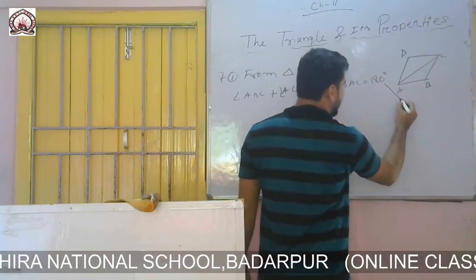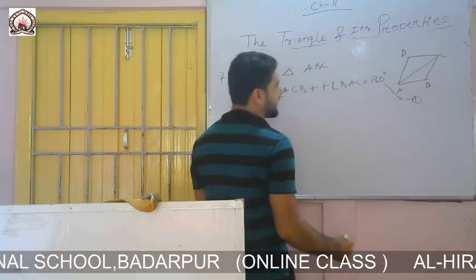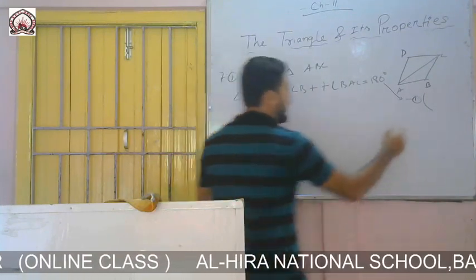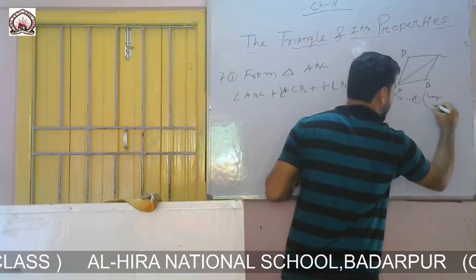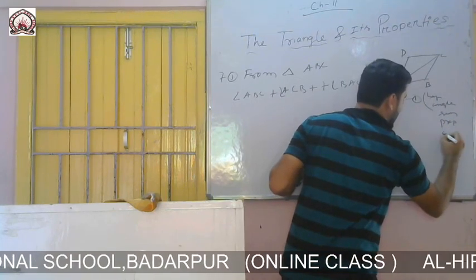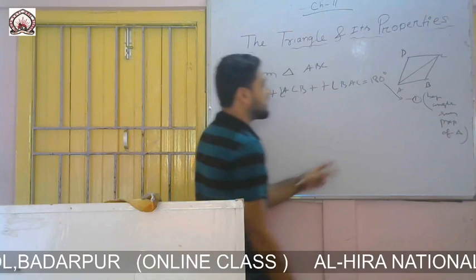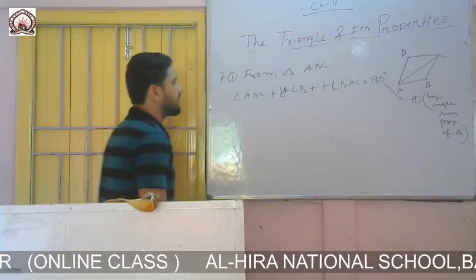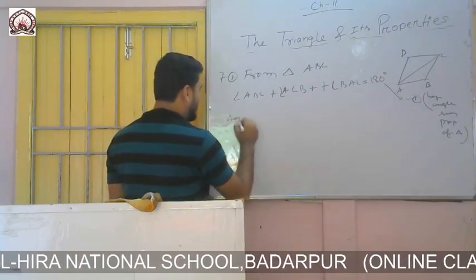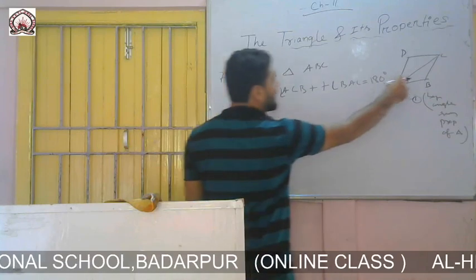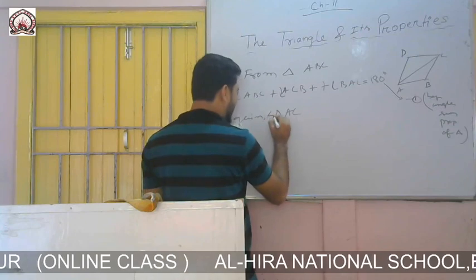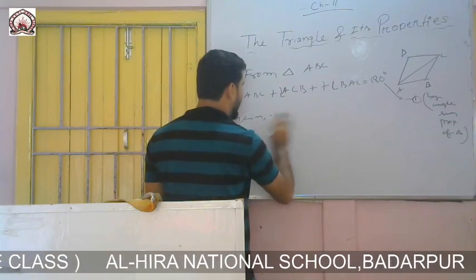You just give it as equation 1. And how this came, you write in the bracket the reason for that: by angle sum property of triangle.